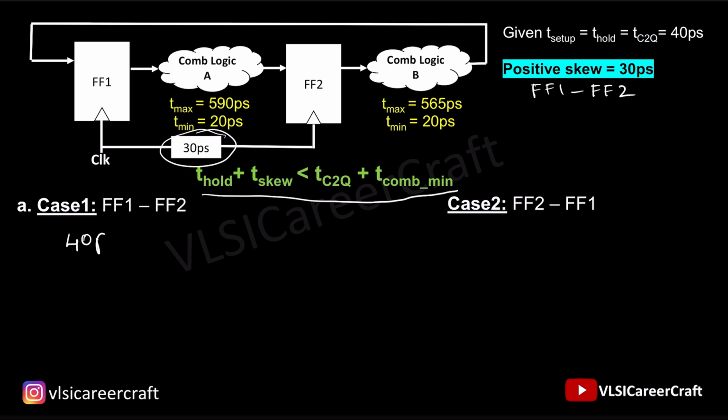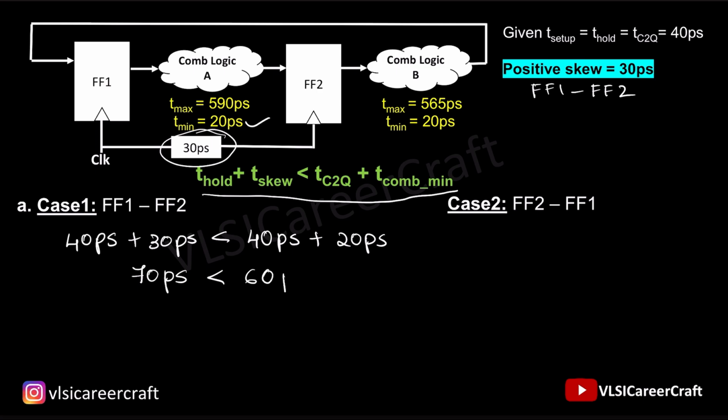T hold is given as 40 picosecond plus T skew is given as 30 picosecond, which should be less than T clock to Q 40 picosecond plus minimum delay 20 picosecond. That gives us 70 picosecond less than 60 picosecond, which is not true. So there is a hold violation here.